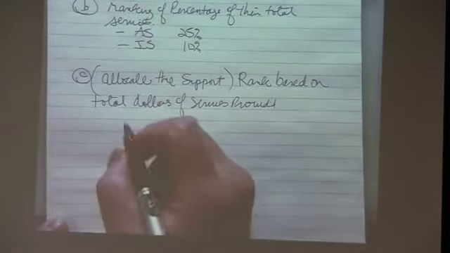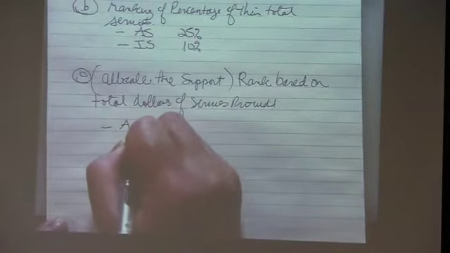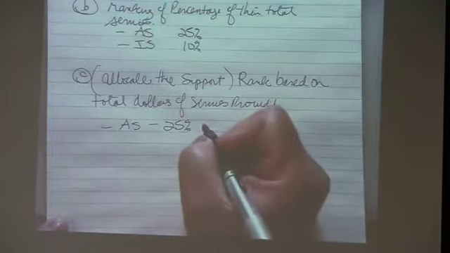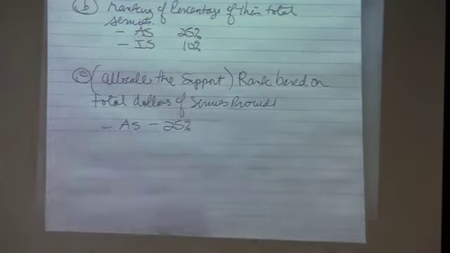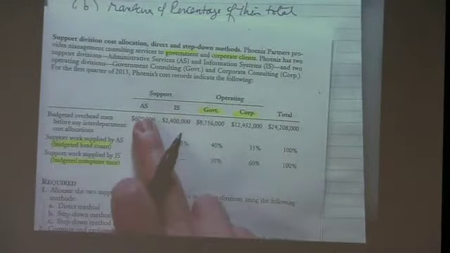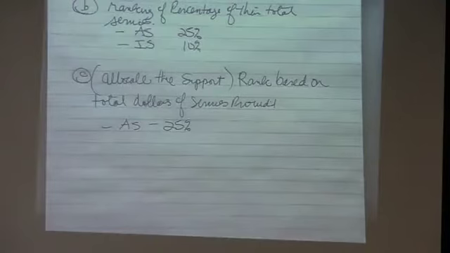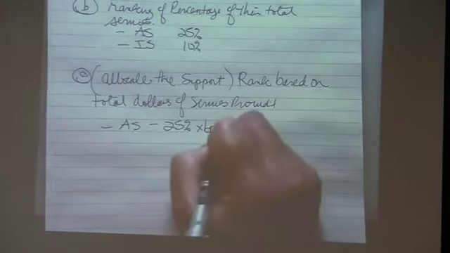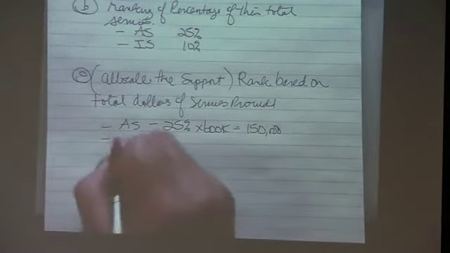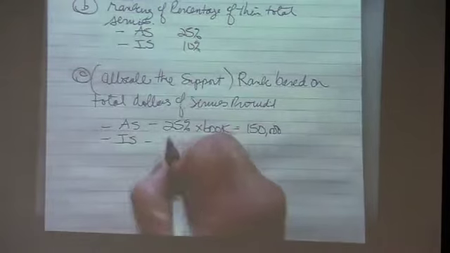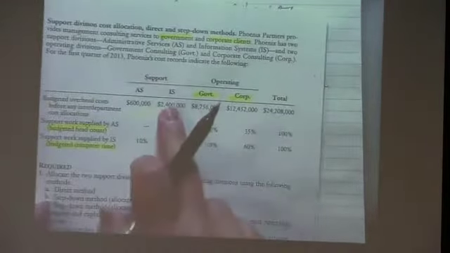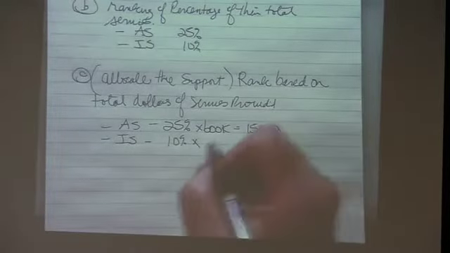So we know that AS provides 25% to IS, and 25% of 600,000 is 150. IS provides 10%, and 10% of 2.4 million is 240.